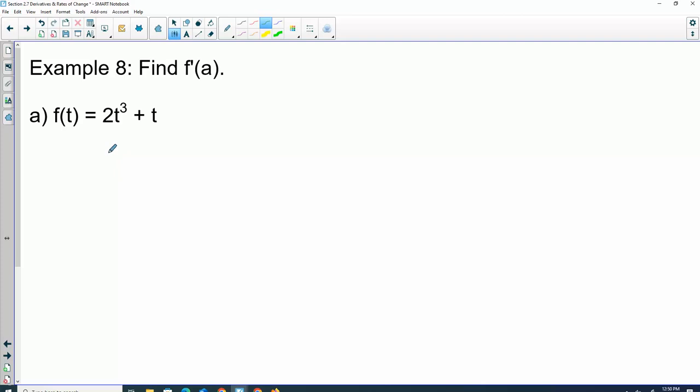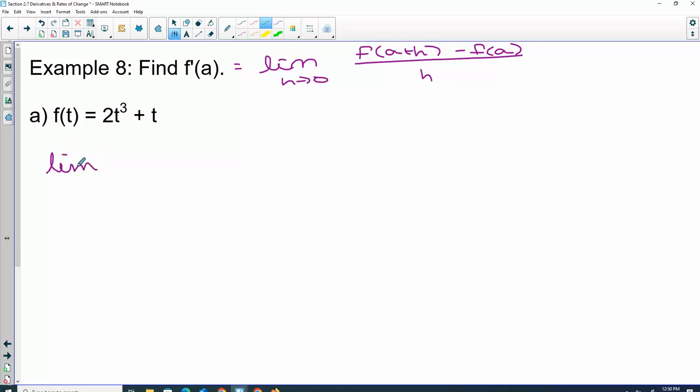Alright, so if I ask you to find f prime of a, so I'm not giving you an actual number to plug in, we are doing our definition. So that is the limit as h approaches 0 of f of a plus h minus f of a, all over h.